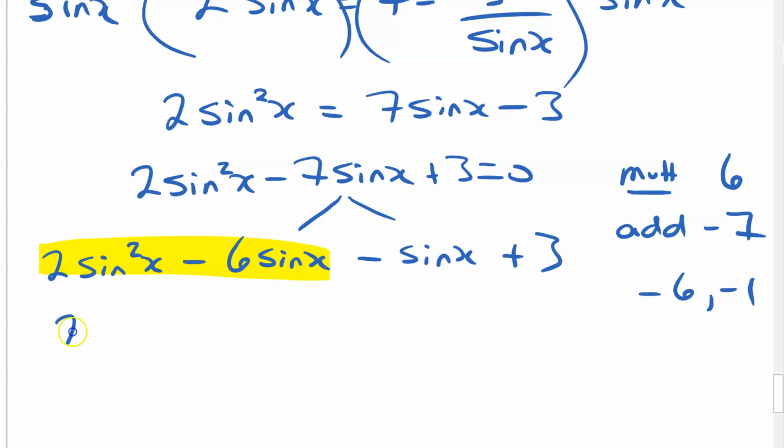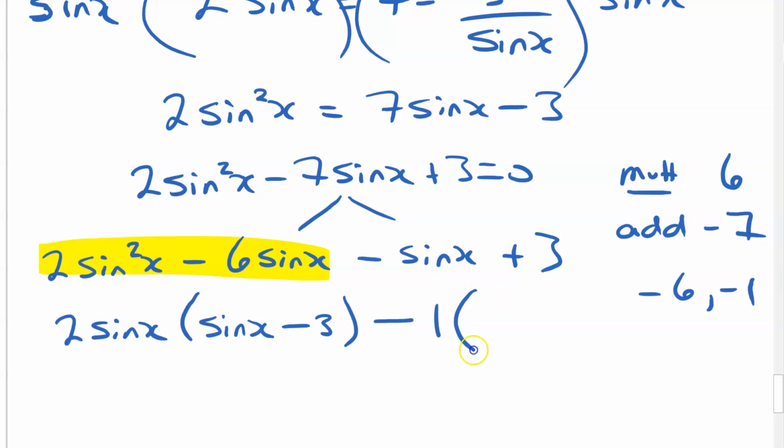So I'm going to put 2 times the sine of x times the sine of x minus 6 divided by 2 is 3. Okay, minus, so there's nothing in common here, so I'm going to put a 1 here, and when I factor out a -1, here I'm going to get a sine of x minus 3. And then I'm really happy because I've got these two that are the same.